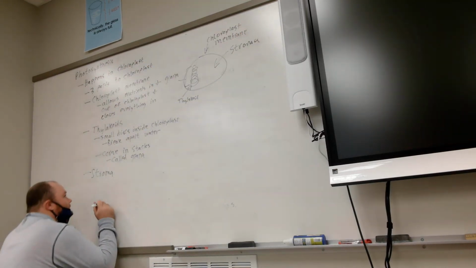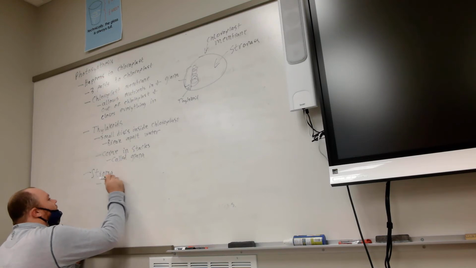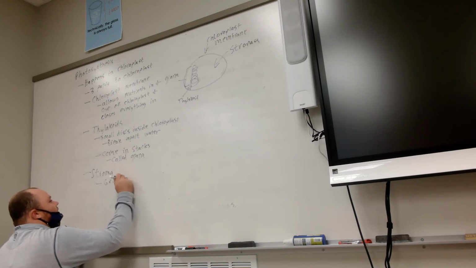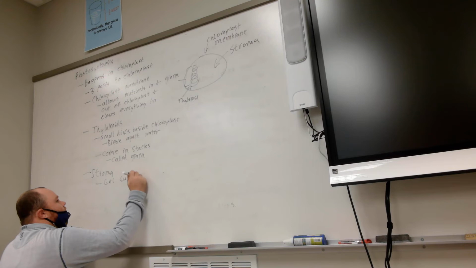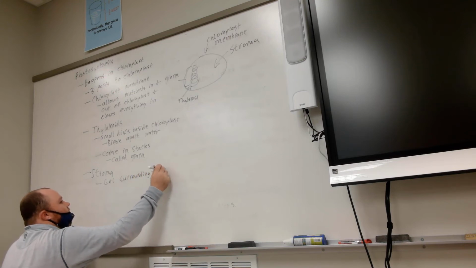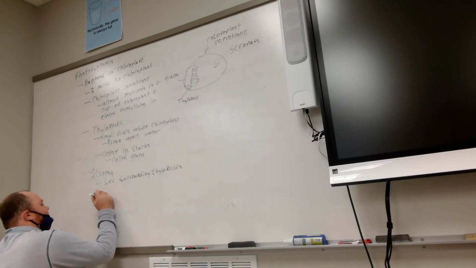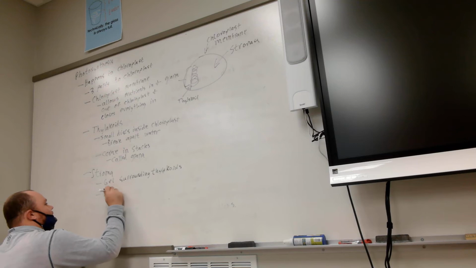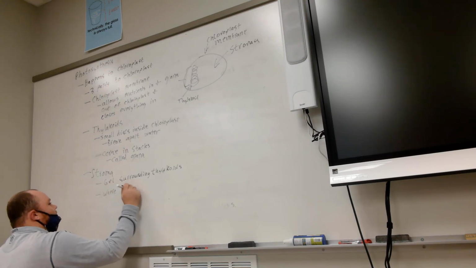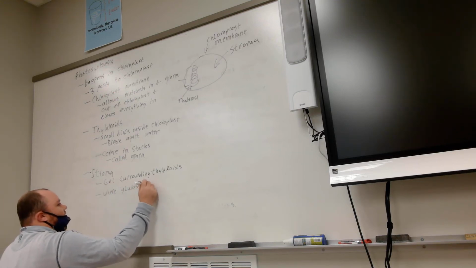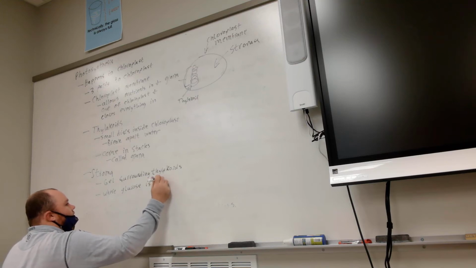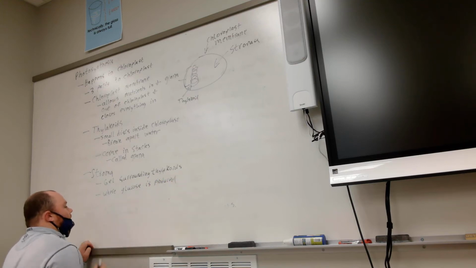This is the gel surrounding thylakoids. Okay? And this is where glucose is produced. Okay?